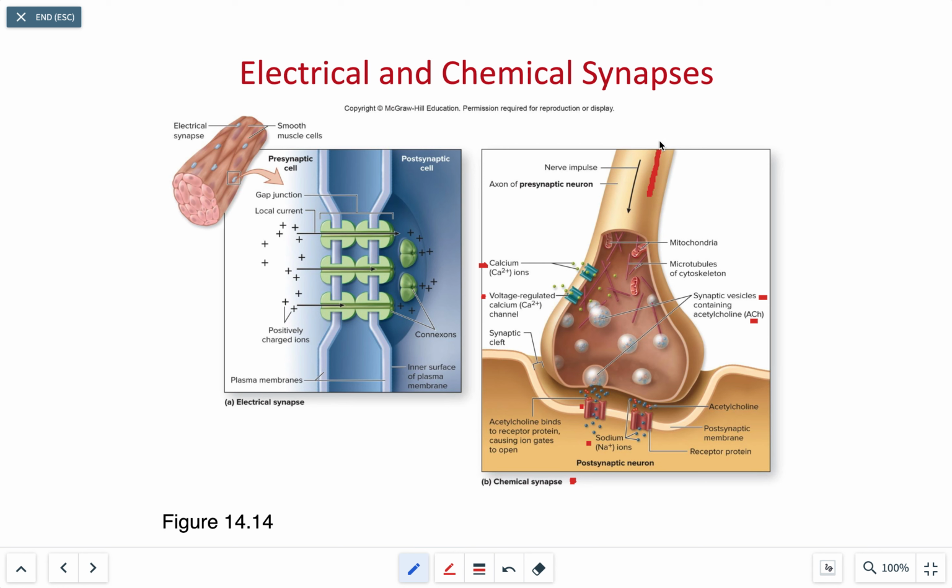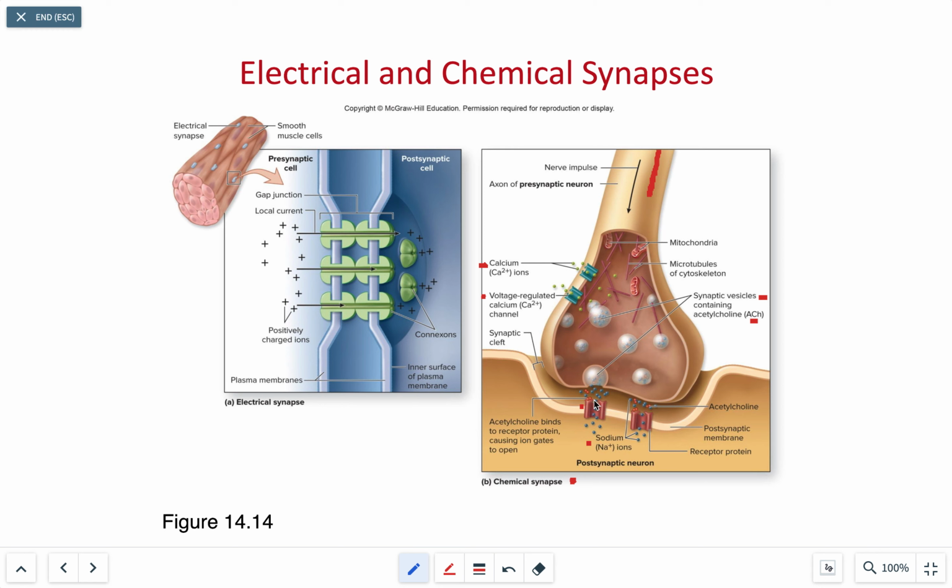So again, as the nerve impulse comes in, it causes these voltage regulated calcium channels to open. Calcium comes into the synaptic knob, causes the synaptic vesicles to move towards the plasma membrane of the synaptic knob, releasing acetylcholine.